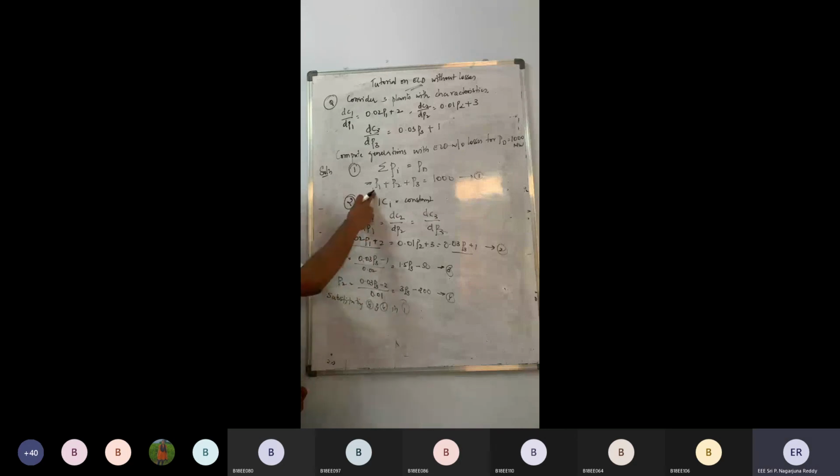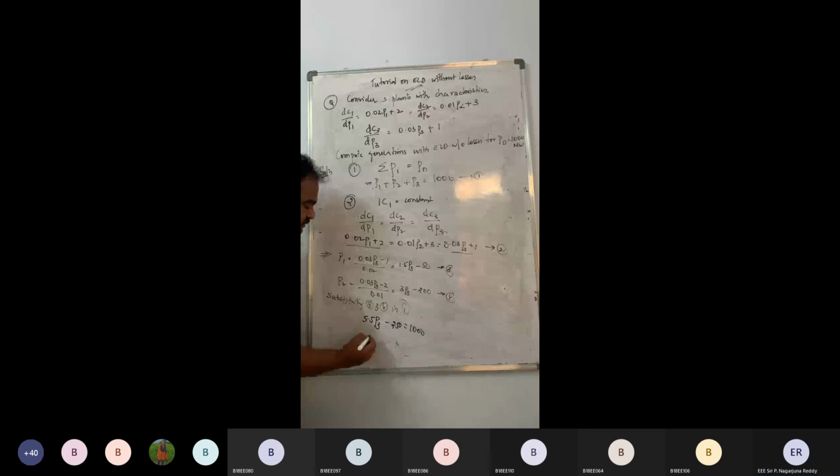So what I'm getting? 1 plus 5.5 P3 minus 250 is equal to 1000. So P3 is equal to 750 by 5.5.